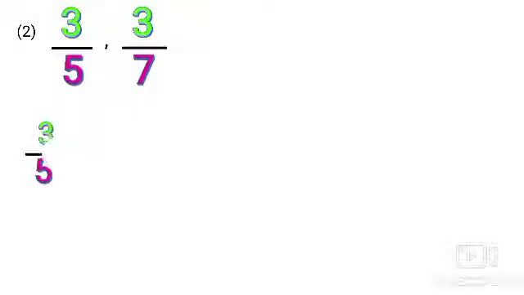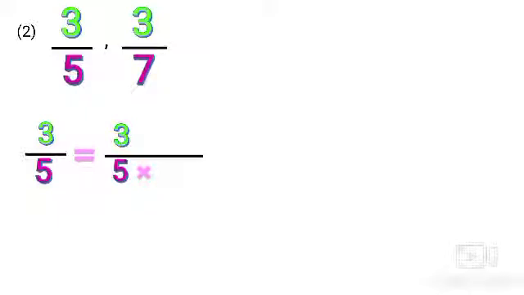Look at the next example. 3 upon 5, 3 upon 7. Here, there is no such relation between 5 and 7 because both are prime numbers. So what you are going to do is write 3 upon 5 and 3 upon 5 again, and you have to multiply. By which number will you multiply to get the answer as 7? There is no such number.